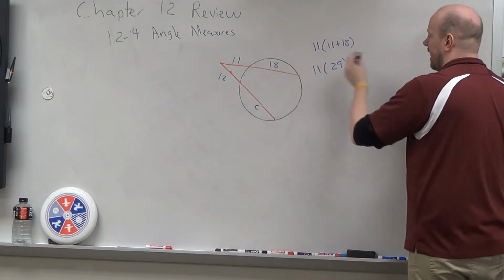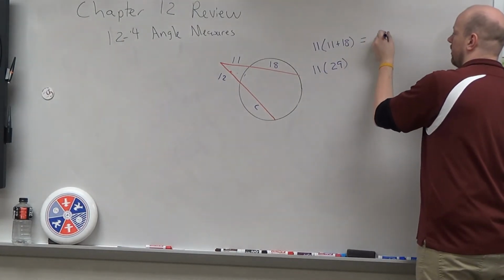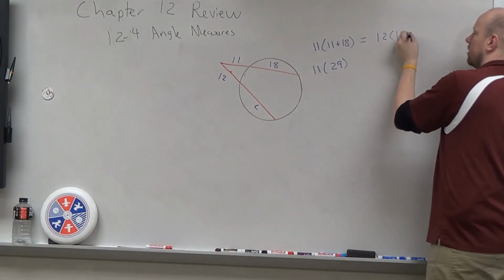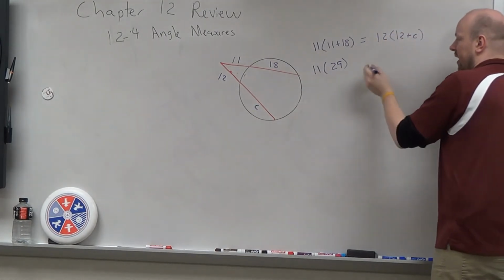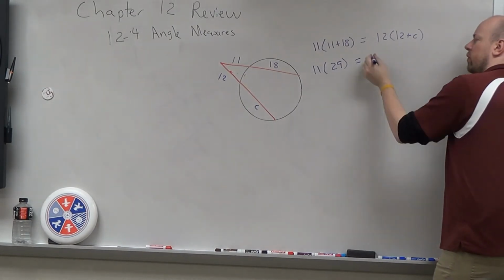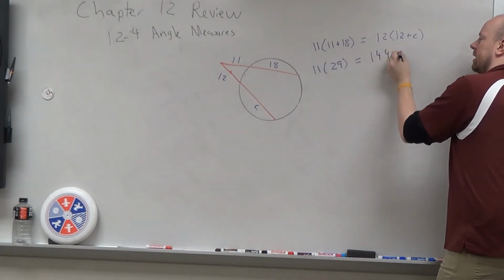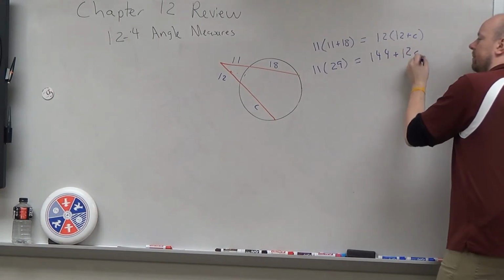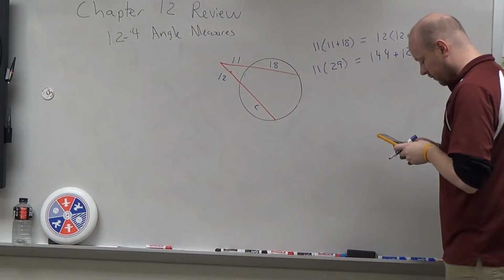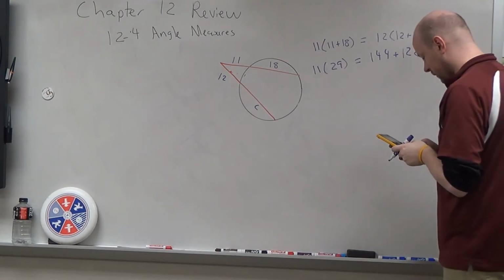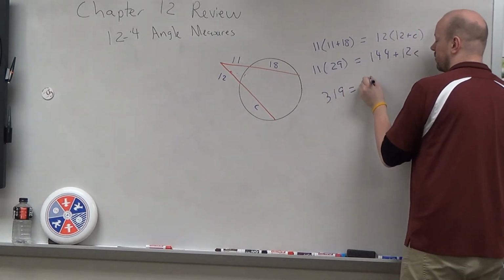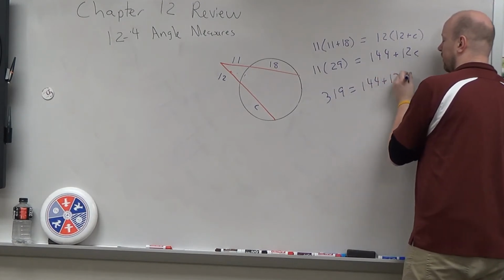On the other side, I get 12 times the quantity 12 plus C. Well, I can't just do that, so I'm going to have to distribute. So I get 12 times 12, which is 144, plus 12 times C, so 12C. And 11 times 29 is 319. So I get 319 equals 144 plus 12C.